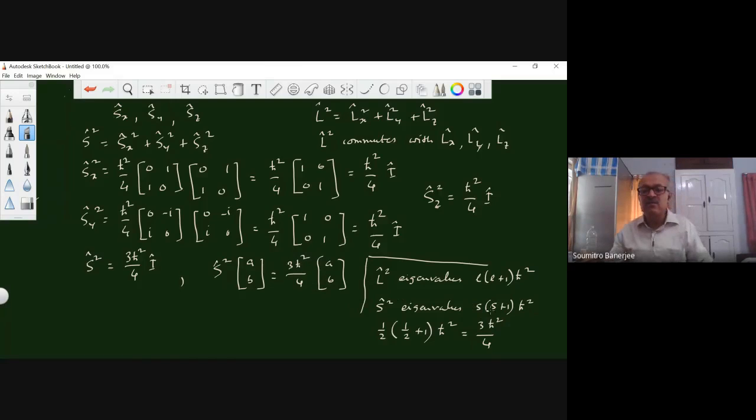And that's exactly why it matches our assumption. We had assumed that s is half, and it actually matches our assumption. And this is one of the reasons why people say that the electron is a spin half particle, because its possible angular momenta would be plus h cross by 2 and minus h cross by 2. So these are the possible values of S square, this is the eigenvalue.